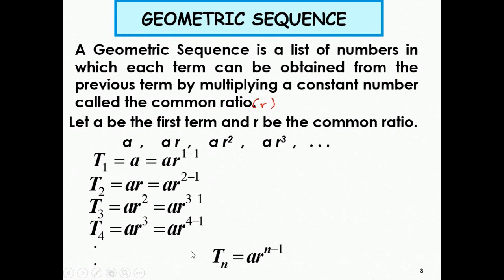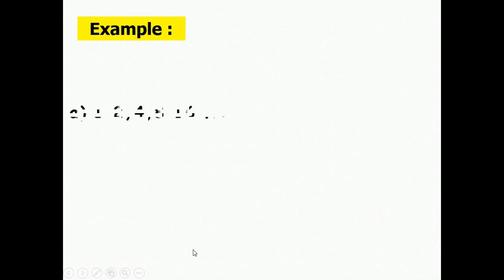Now study this example. How do we get the common ratio? The common ratio is defined as the second term divided by the first term. In example A, 2 divided by 1 is equal to 2.